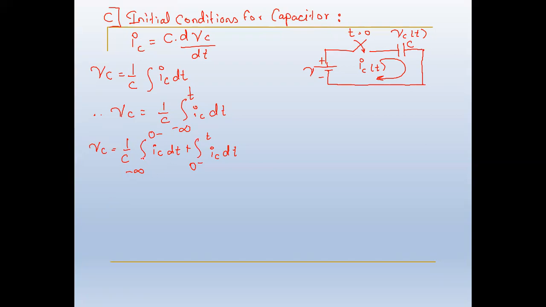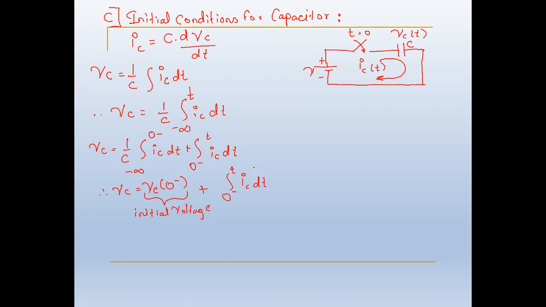This is the initial condition, 1 upon C integration of minus infinity to 0 minus Ic dt. Therefore, Vc is equal to Vc of 0 minus, I'll call this the initial voltage, plus integration of 0 minus to t Ic dt.